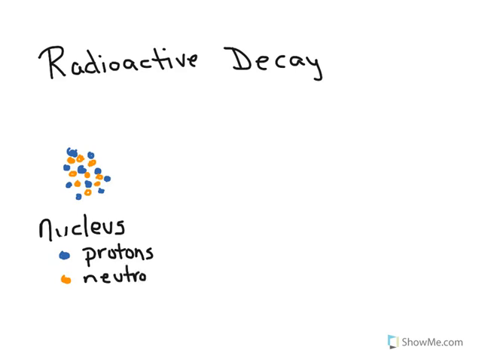Protons have a positive charge. Neutrons are electrically neutral. They do not have a charge, but they help hold the nucleus together.